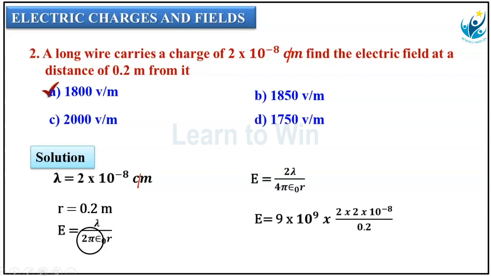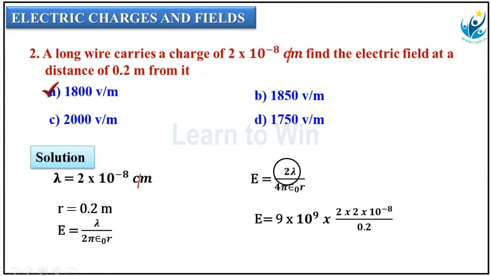Here 1 by 4 pi epsilon naught is very familiar to us, that is 9 into 10 power 9. To use this value, I multiply and divide this equation with 2. Then here it becomes 4 pi epsilon naught. Already 2 pi epsilon naught is there.